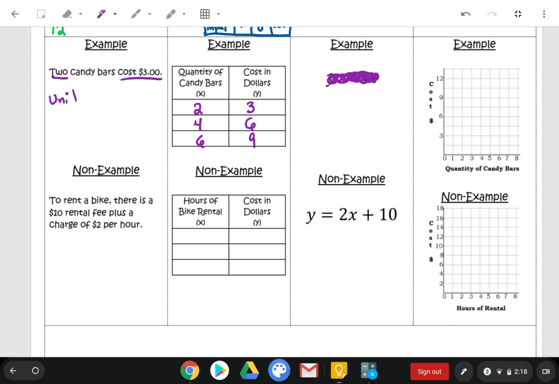And if you remember the definition of unit rate, a unit rate is just a ratio with a denominator of 1. So basically, I'm asking you, how much does 1 candy bar cost? And hopefully you've already figured out that it's $1.50 per candy bar.